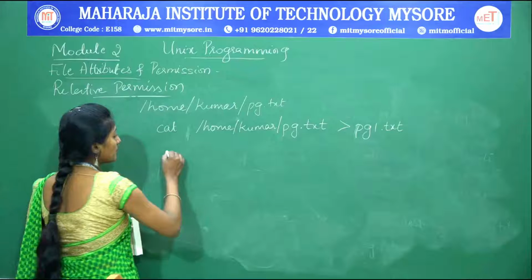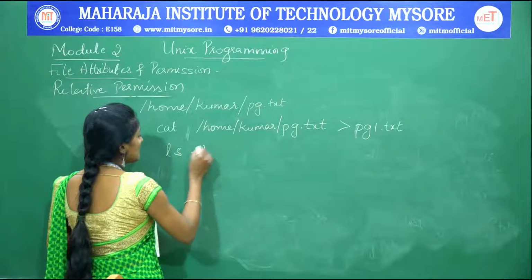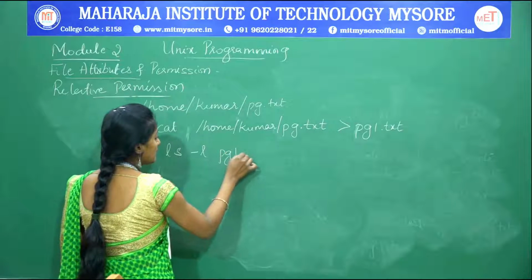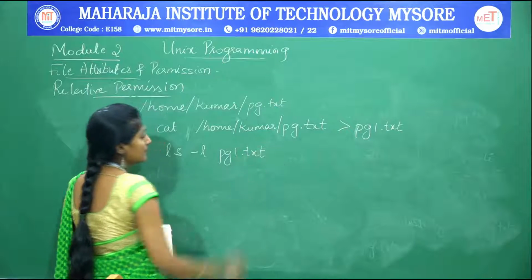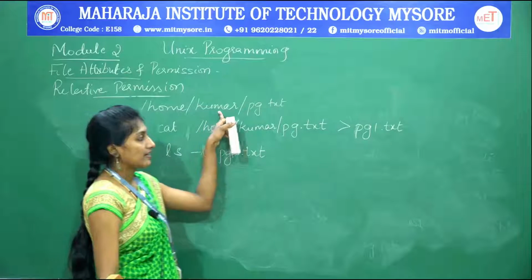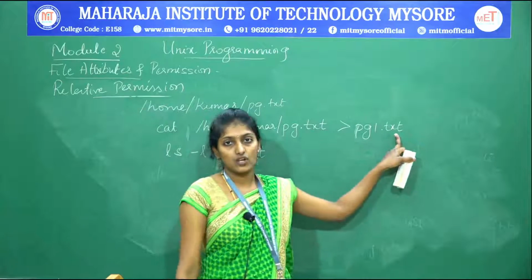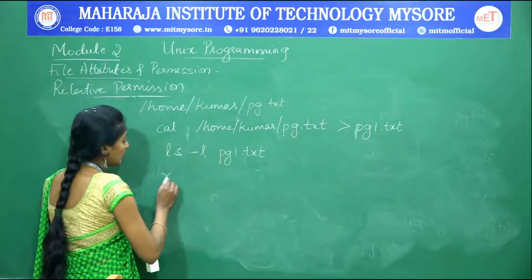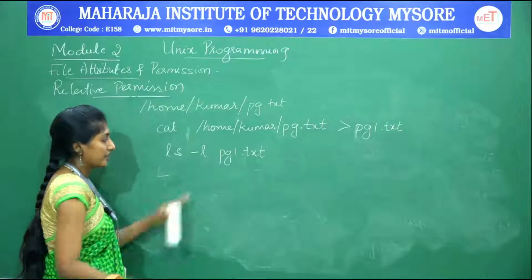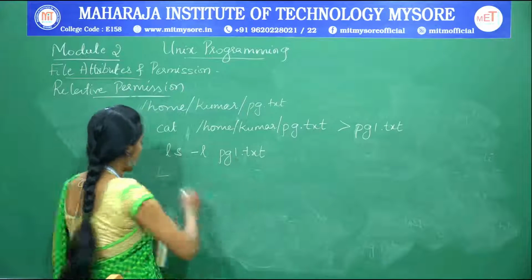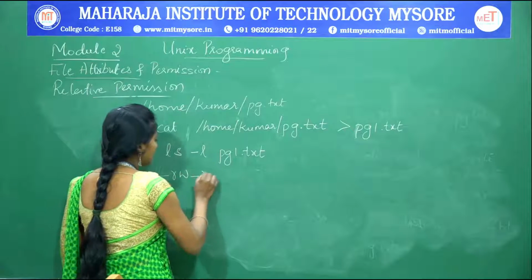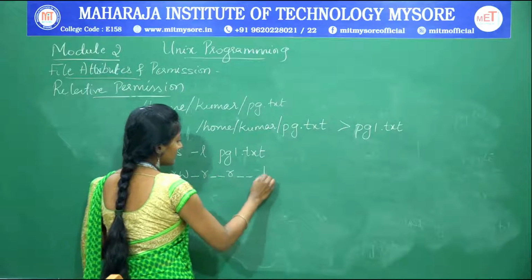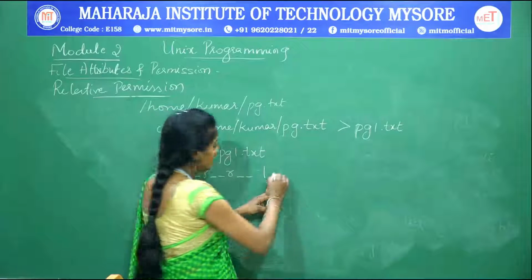So what will be the permission of this now? ls -l pg1.txt. Since you are under the Kumar directory, this pg1.txt file will also be located under this Kumar directory itself. Since it is an ordinary file, the first character is a hyphen, then r.